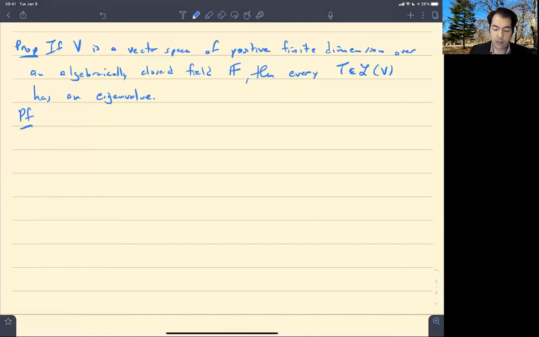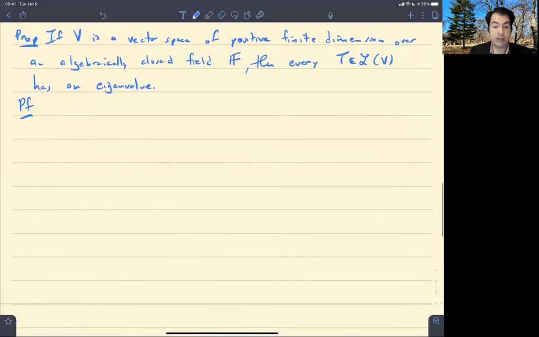Okay, so the only reason a linear map would fail to have eigenvalues is because the field isn't big enough. It doesn't contain the solutions of the polynomial that came up.